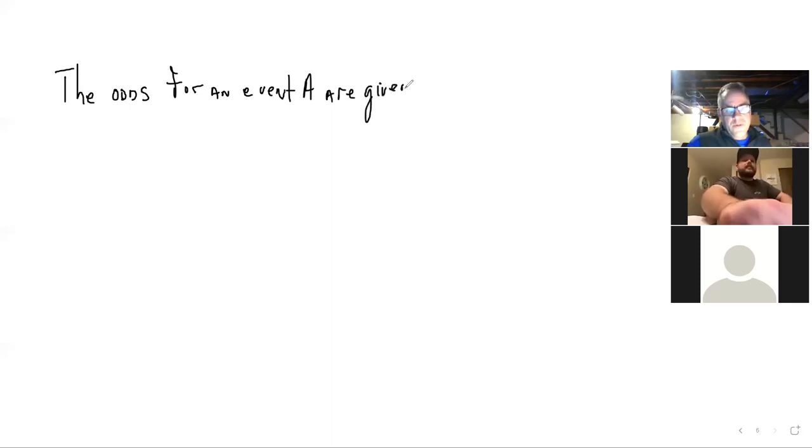So the odds for an event A are given by the probability of A, what is the probability of that event, divided by the probability of not A.